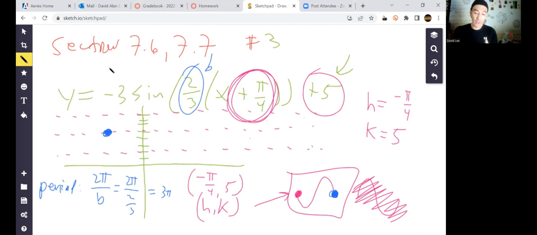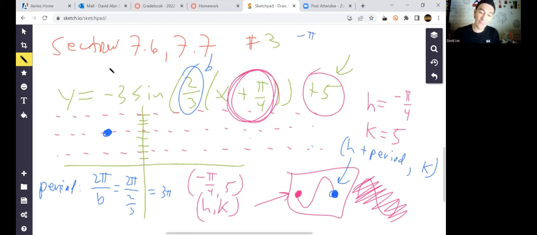So what you have to do to find the end point is you have to go the beginning, which is h, plus a period, and then keep the y coordinate, which we call k. So let's do it up here. So h is negative pi over 4, and then add 1 period.